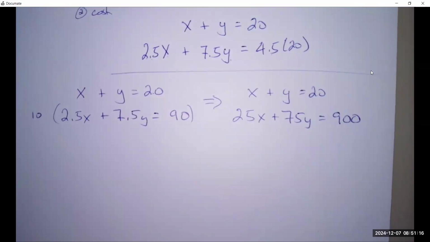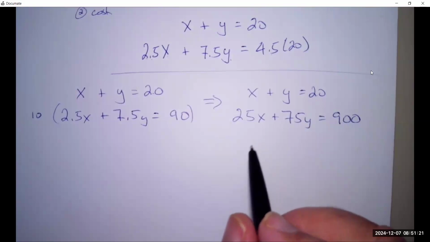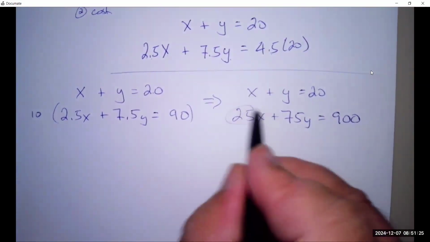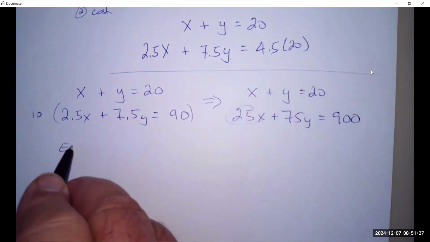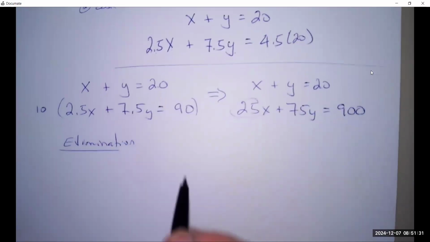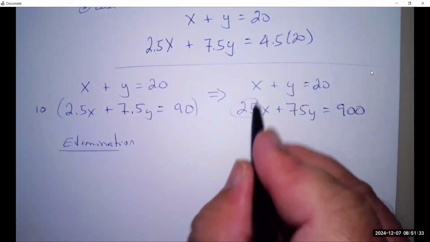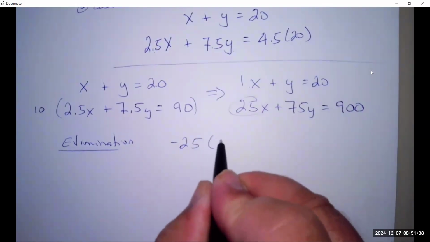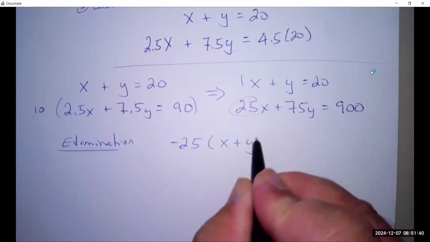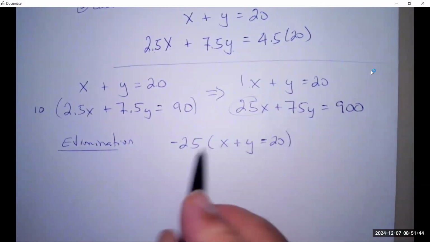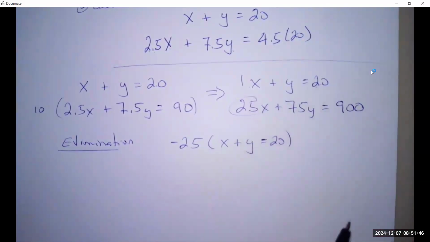Okay, let's get rid of one of them. Let's get rid of the x, it's smaller. I'm going to use elimination. So to get rid of this x, this is a 1, I need to multiply the top equation by negative 25. So I'll multiply the entire top equation by negative 25.